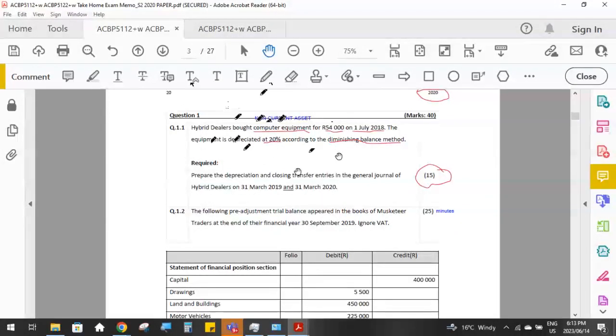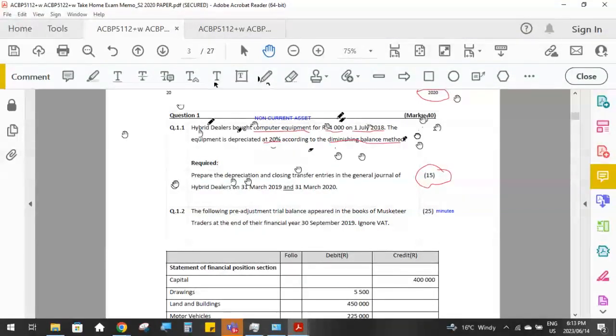So you've taken a highlighter with you to the exam, and as you're reading through this, you highlight the same stuff that I've underlined, so that you can quickly cast your eyes on the important information and do your calculations quickly.